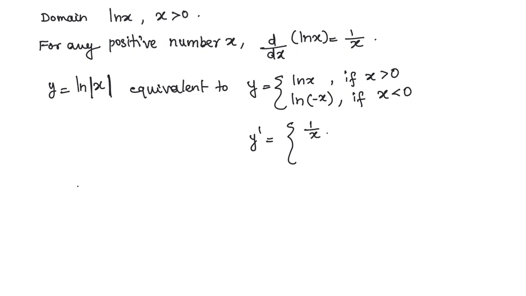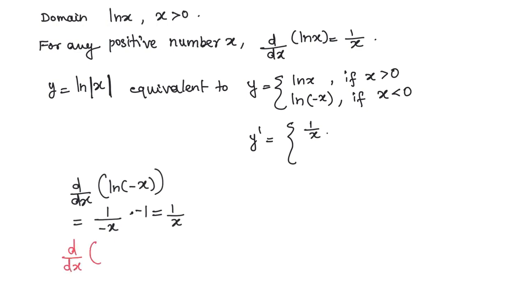And for the derivative of ln of negative x, we can use the chain rule. So it will be 1 over negative x times negative 1. So that will be 1 over x. Here I am using the rule derivative of ln of u, where u is a function of x. It will be 1 over u times u prime.